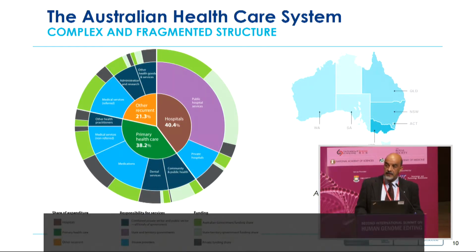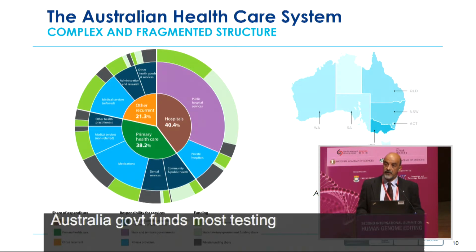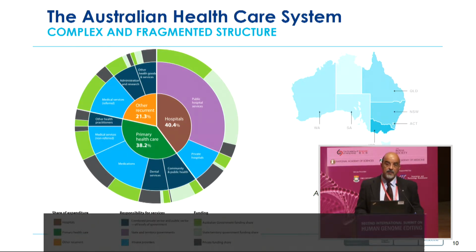And unfortunately in Australia, most genetic testing, and certainly virtually all genomic testing, is currently not funded at a federal level, and so it falls to the state governments to fund this. That causes potential problems in terms of equity of access, because different states have used slightly different philosophies and approaches to funding genomic testing.